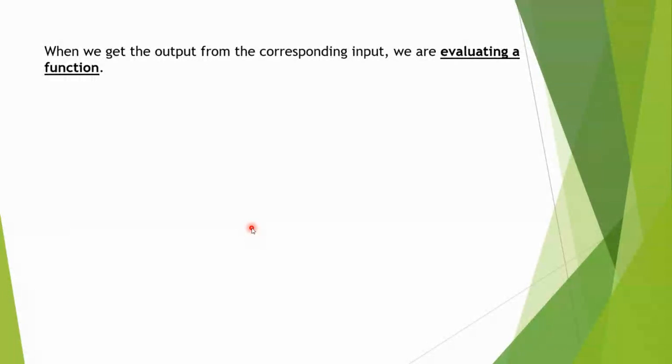This is just some terminology that the book uses, and I figured it'd be good if I cover it. If you're given an input and you give back the output, in other words, you're getting the output from the corresponding input, that's what we call evaluating a function. So in that example with the month and days, if you give me a month and the function gives you back the number of days, we're evaluating that function.